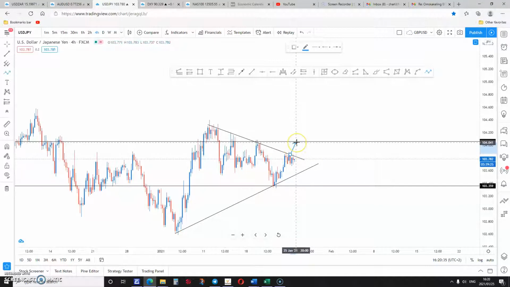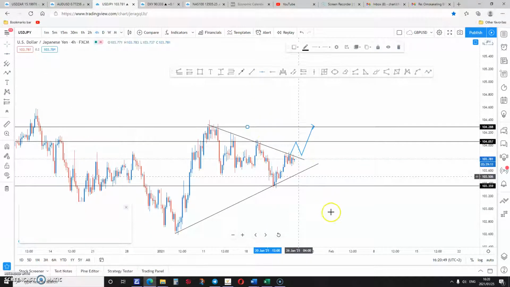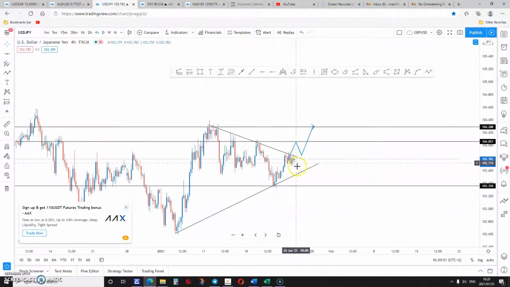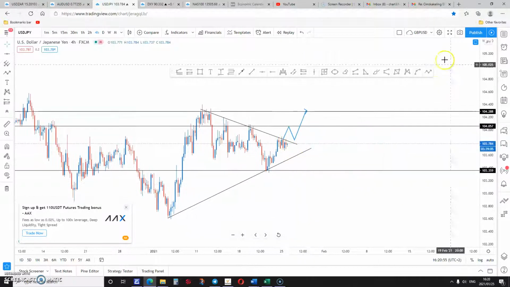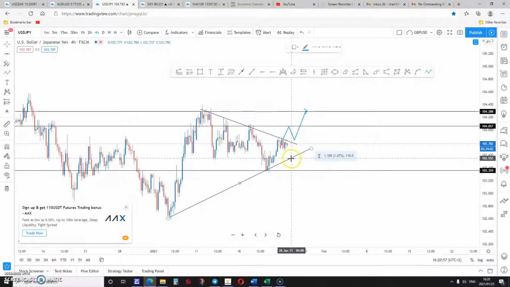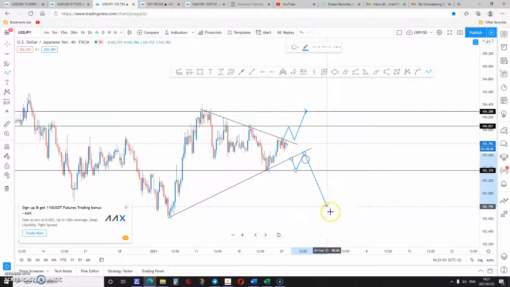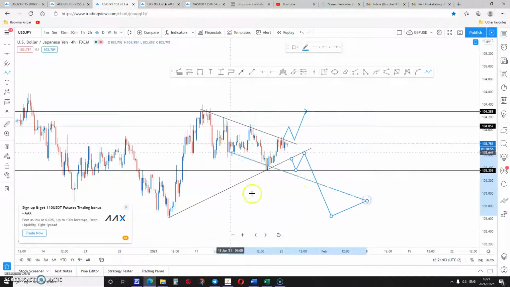Might go for that straight, then retest and then go for that area there. Or if we break to the bottom, we come for our third touch here. If it does break through, go for that, retest, and then it goes for that one there.